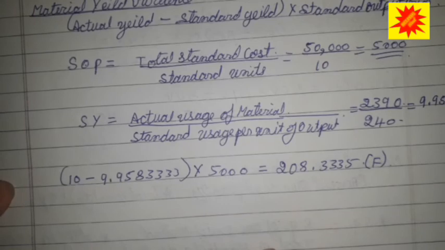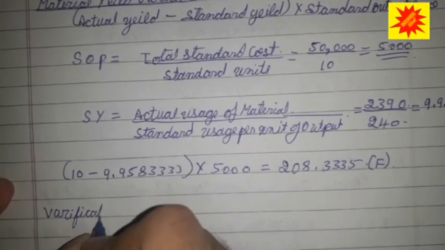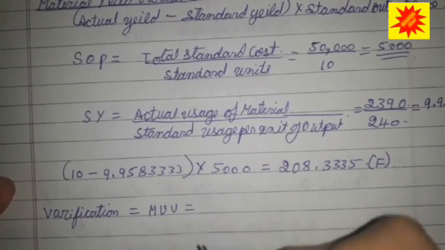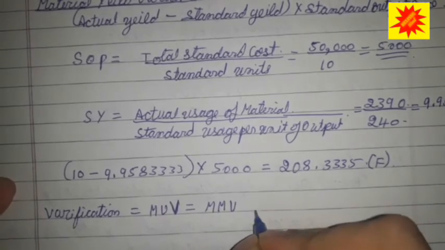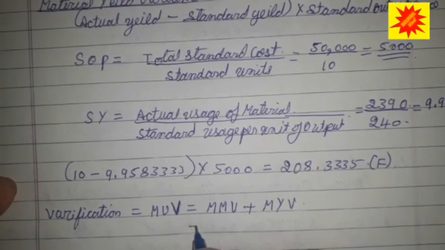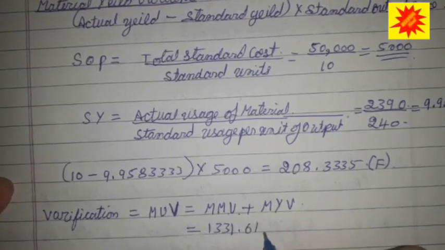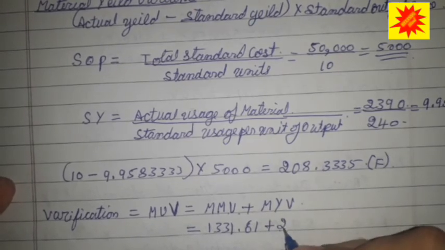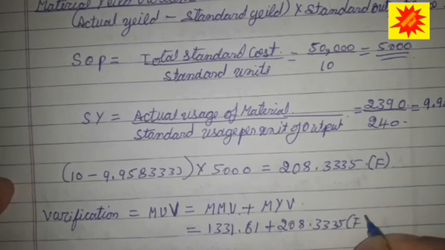For this also we have a verification. What is this verification? Our material usage variance is equal to material mix variance plus material yield variance. Here our material mix variance is 1331.61 plus, now we have 208.3335 as our material yield variance.